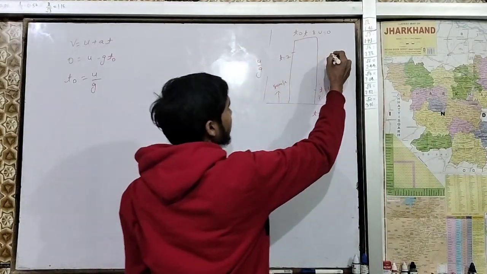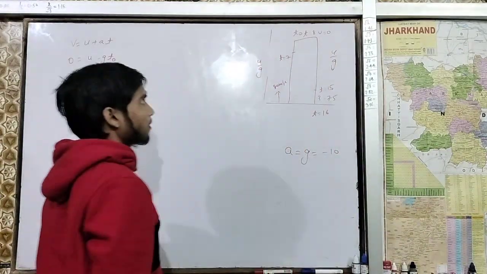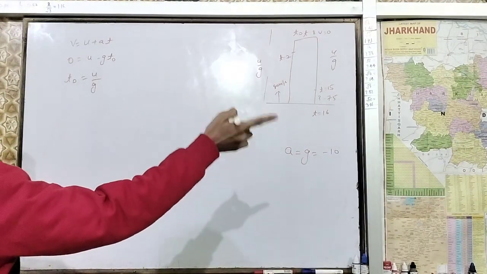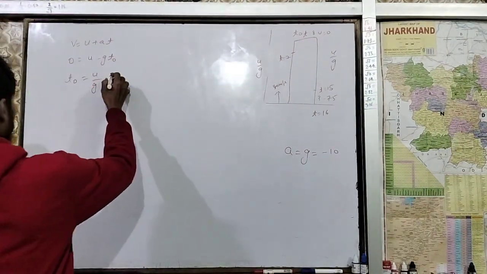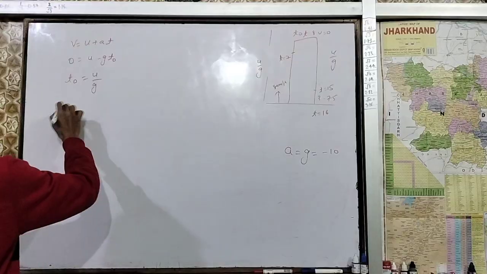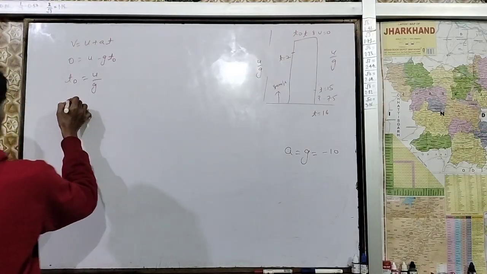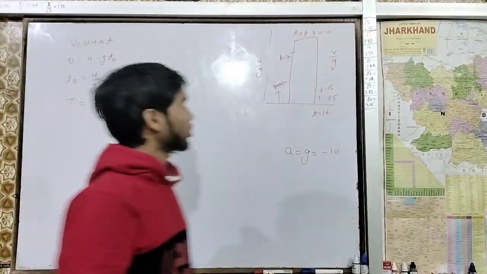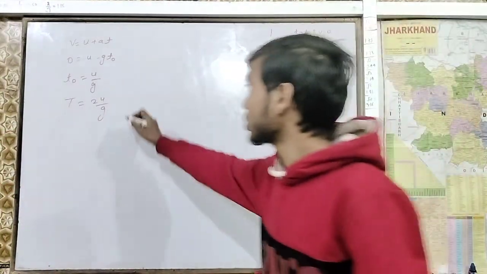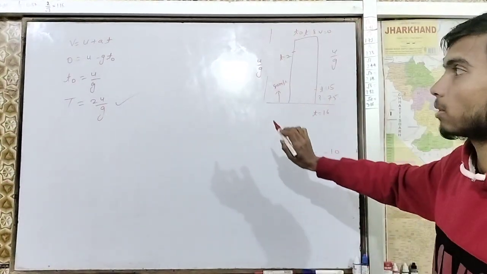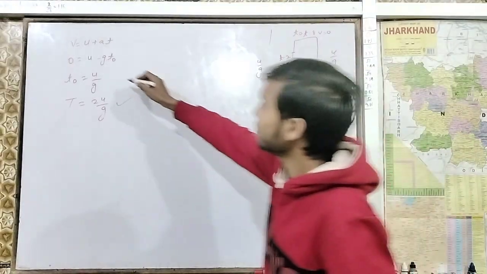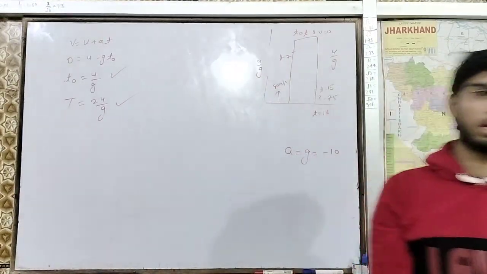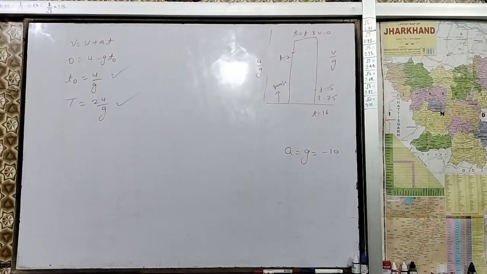This u upon g and this u upon g means 2 t naught, which is 2u upon g. This is for the full time of flight, and this is for half the time of flight.